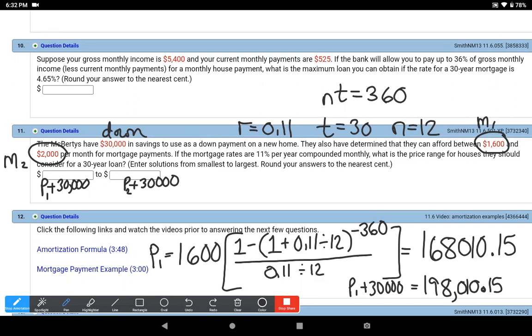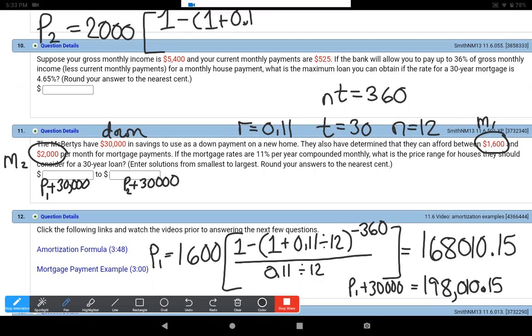So let me try it. So our P2, which is our high value, will take the high end of the monthly payment they think they can afford. And then the rest of it's the same, right? Nothing changed except for the amount these folks can spend, right?